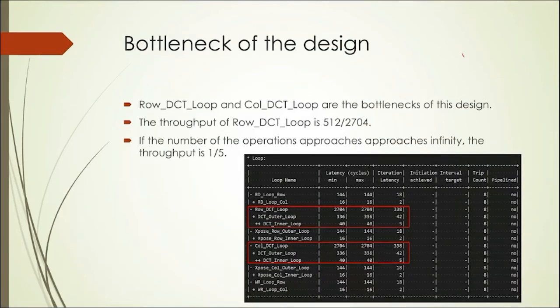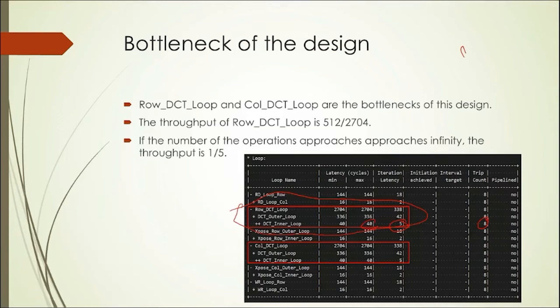Okay, so we can first calculate the throughput of this design. Because the bottleneck is the row DCT loop, we just analyze this 3-level nested loop, since the method to analyze the throughput is similar. For the inner loop, for each iteration the latency is 5 and the trip count is 8, so 5 times 8 is 40.